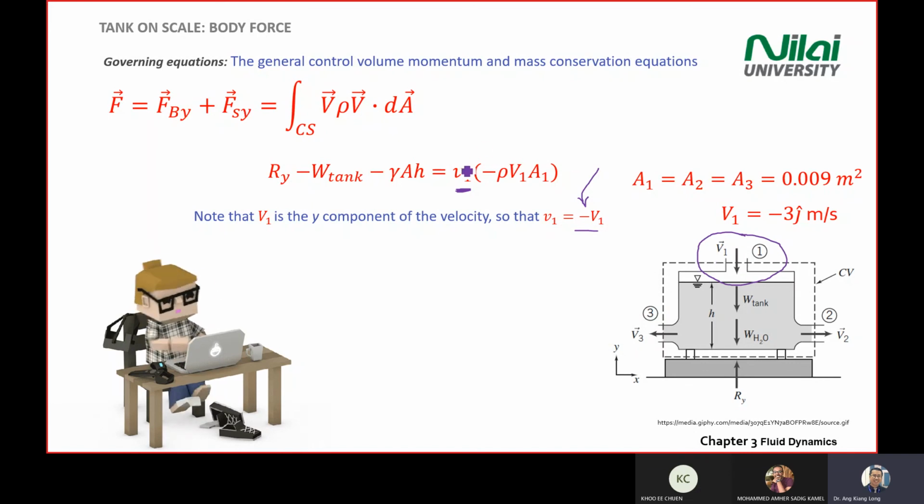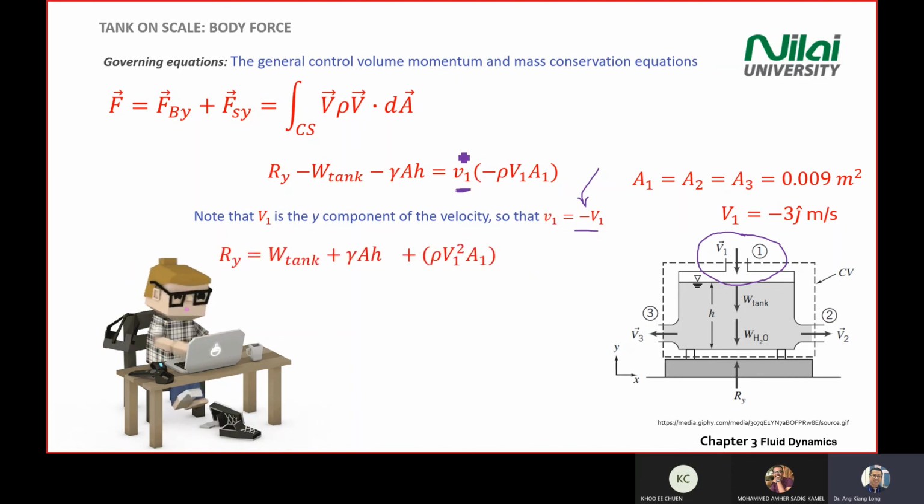So when you put in the value for v1 over here, you have to look at what happened to the opening at 1, or the area that you write as number 1 there. So in this one, the velocity at v1 is equal to v1, but with a negative sign because it's going down.